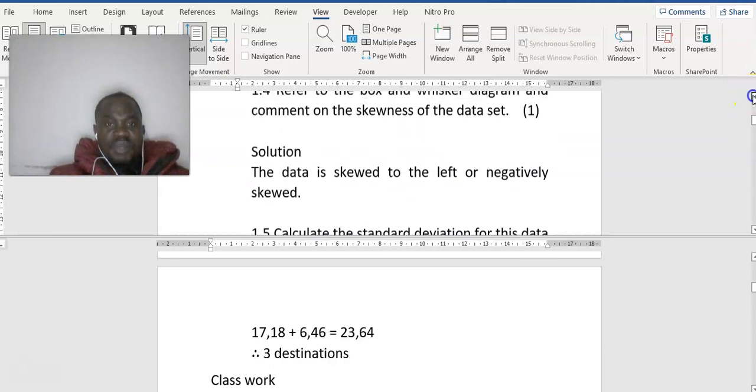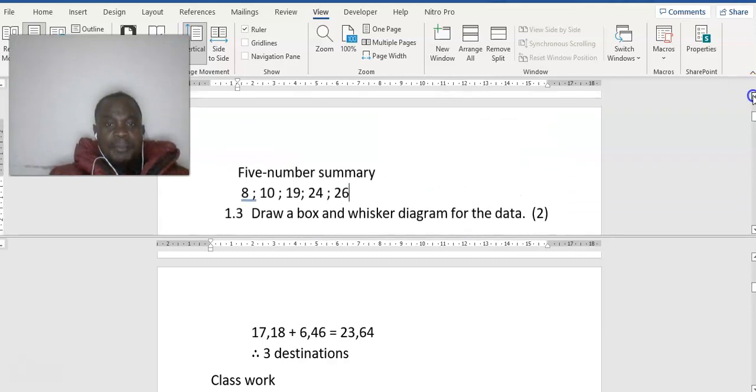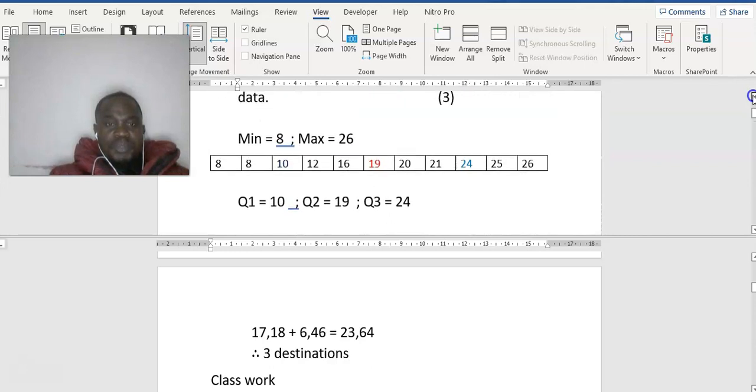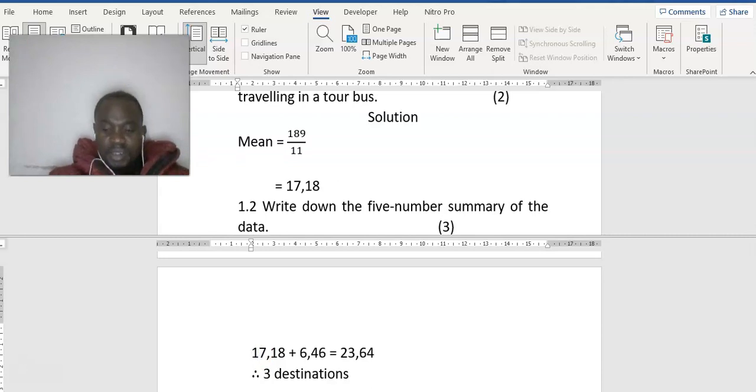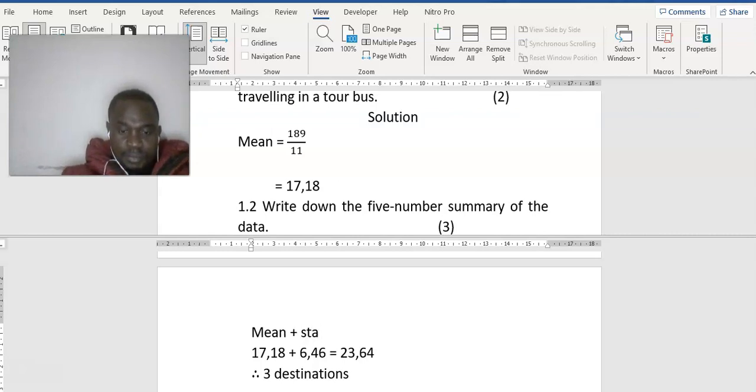Where is the mean? We found the mean here to be 17.8. So this one, let me write, because they said it's above the mean, it is mean plus standard deviation.